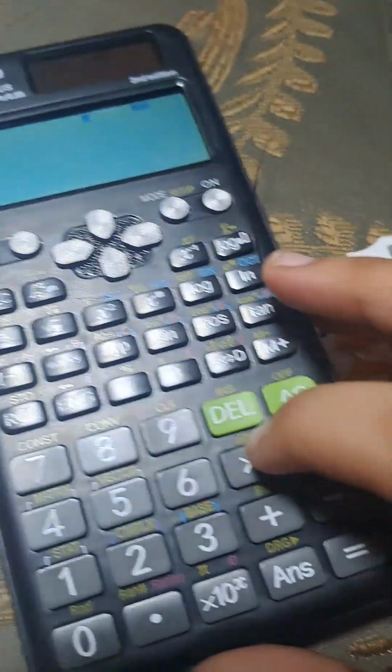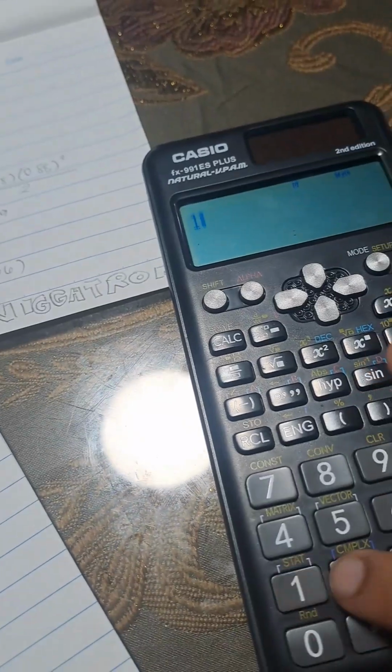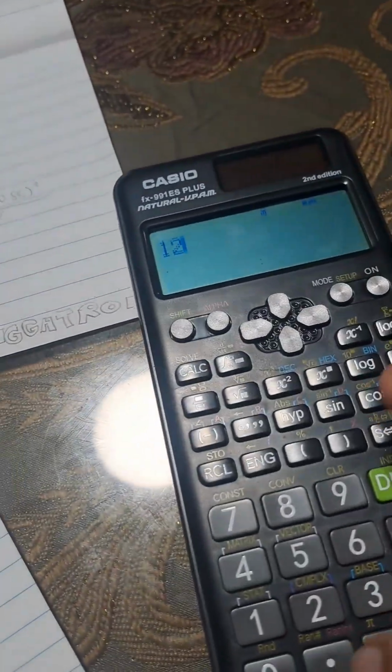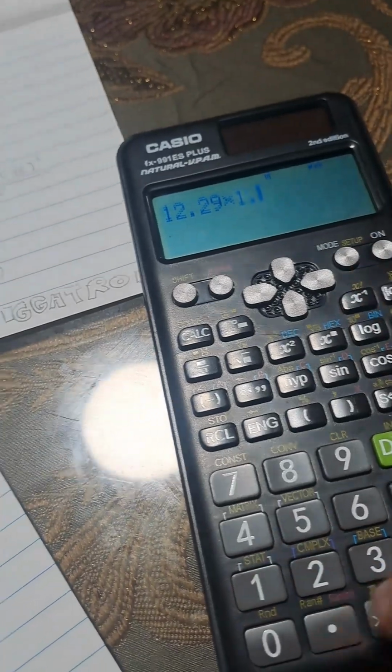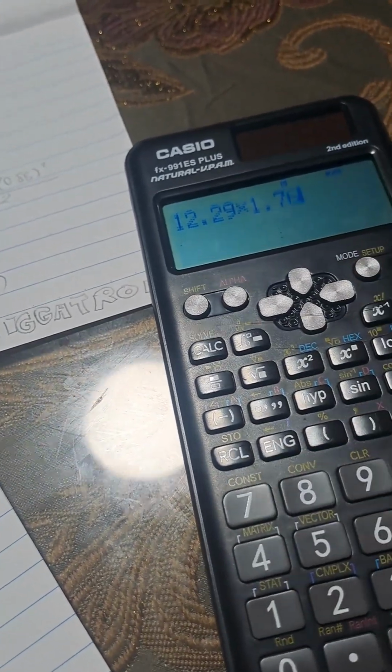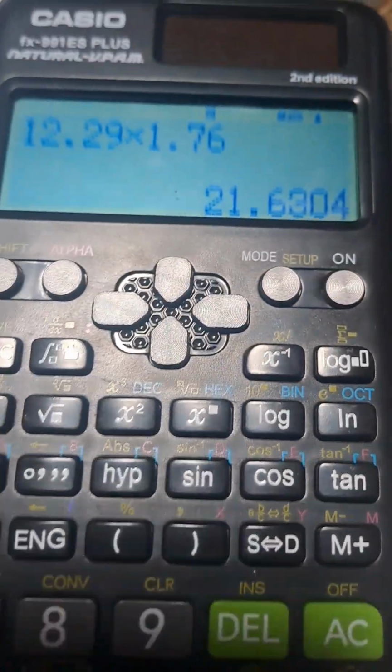So you just multiply it literally: 12.29 multiplied by 1.76. You get an answer of 21.63.